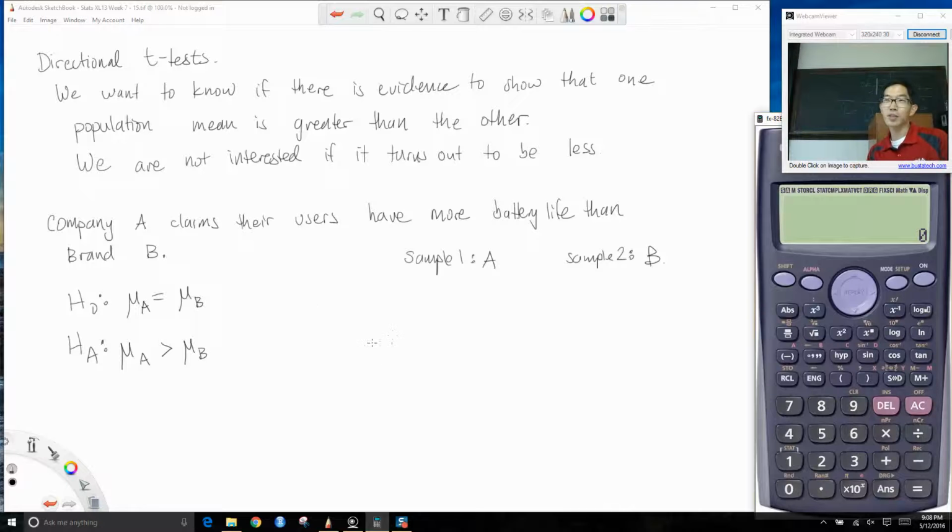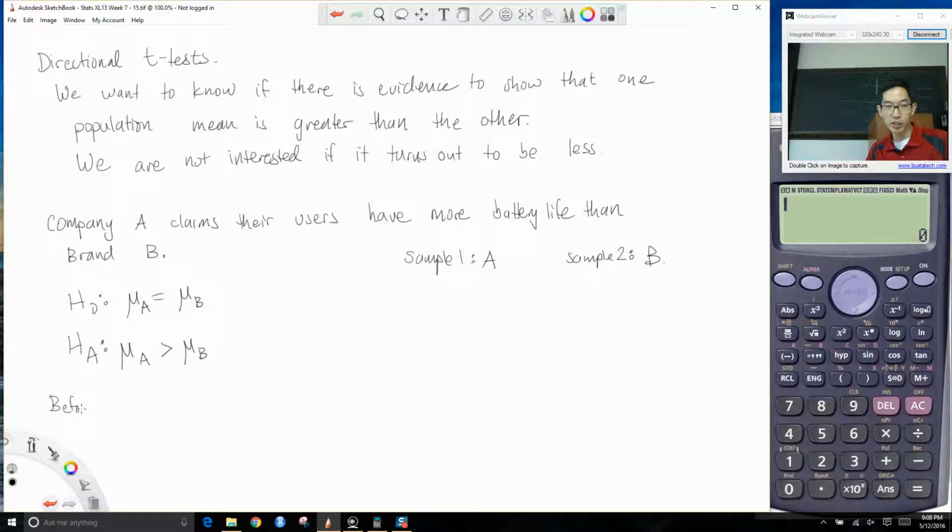So the test is conducted almost the same way, but before you begin the test, you should check directionality. What we mean by that is we just check to see if the data we have even could possibly support the alternative.